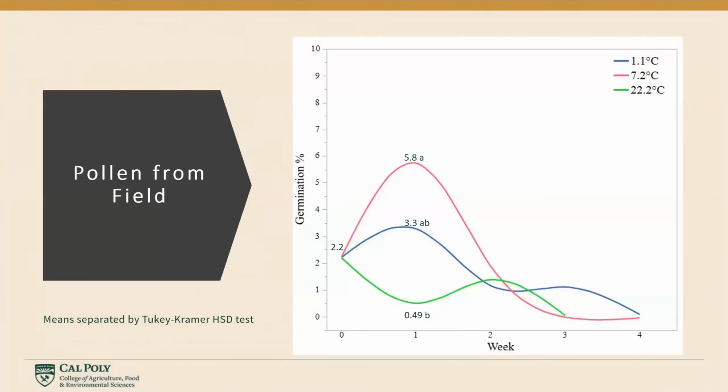So now let's look at the storage results. The average initial germination percentage of pollen from all treatments was 2.2% germination, and this pollen was from the field. After 1 week of storage at 1.1 degrees Celsius and 7.2 degrees Celsius, we saw an increase in germination percentages.